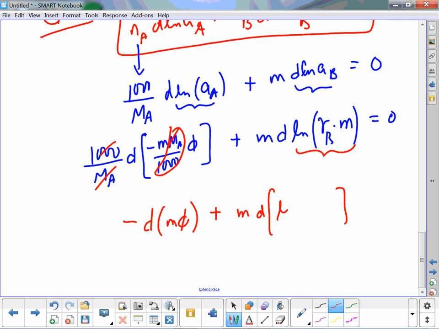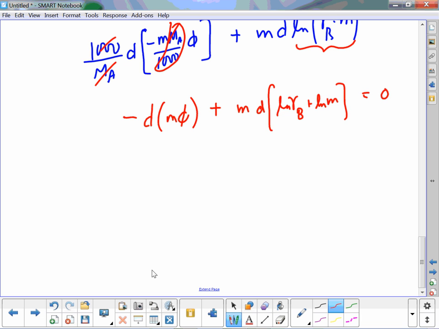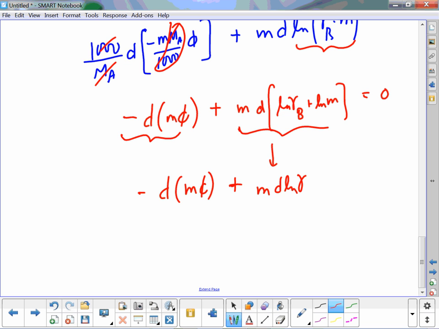So this is ln gamma B plus ln m equal to 0. Let's simplify this one. I'm going to keep this minus d of m phi plus m d of ln gamma B plus d of ln m equal to 0.